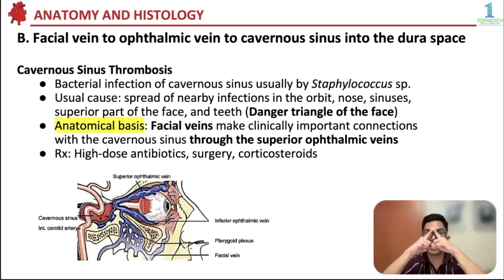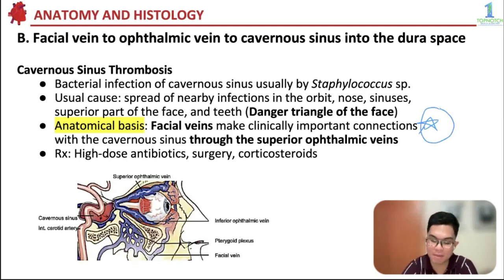If you remember the danger triangle of your face, from the apex of the nose to the upper lip, that's your danger triangle of the face. And the anatomic basis for that is because the facial veins drain into the cavernous sinus through the superior ophthalmic vein. So the infection in the face can spread into the cavernous sinus through these ophthalmic veins. Okay?